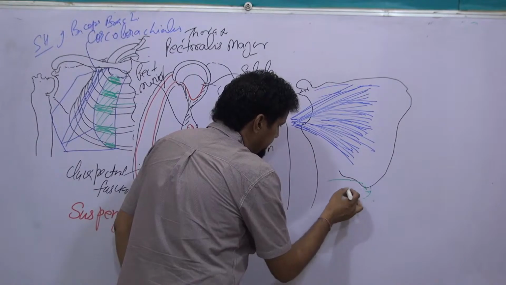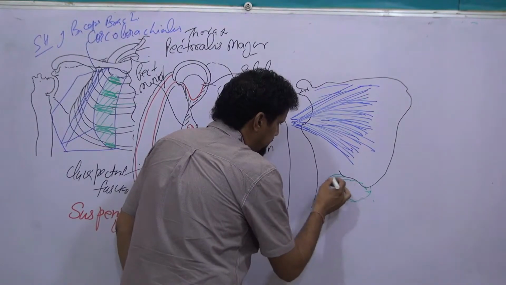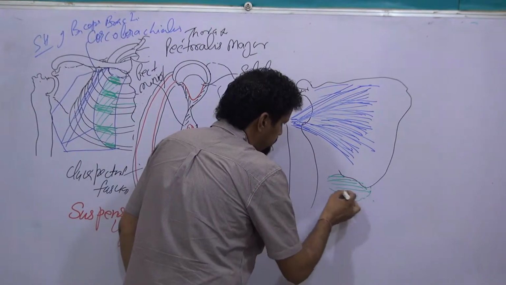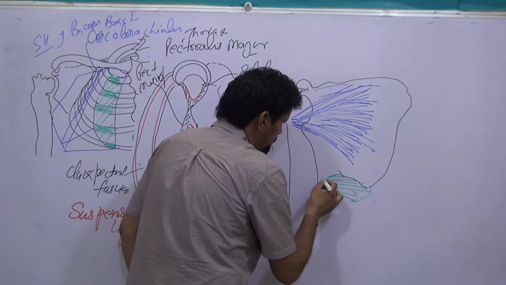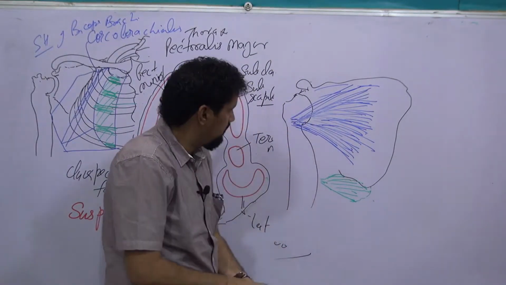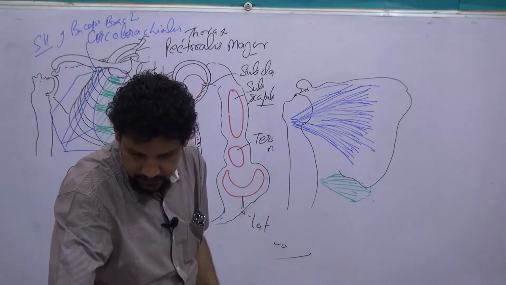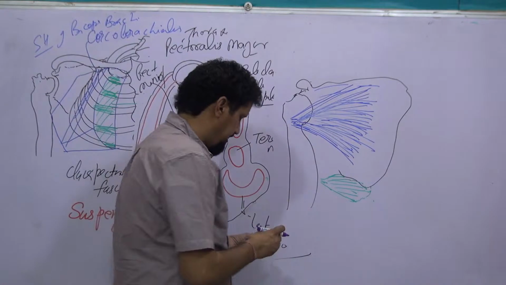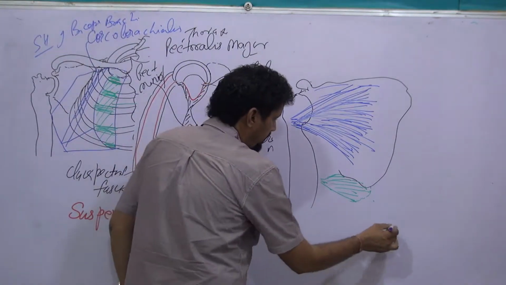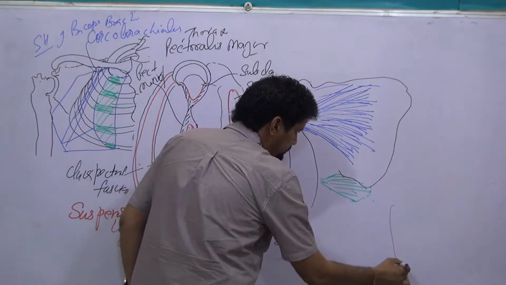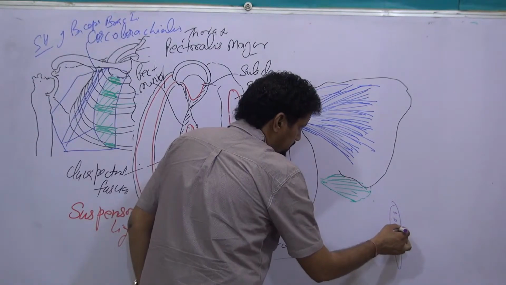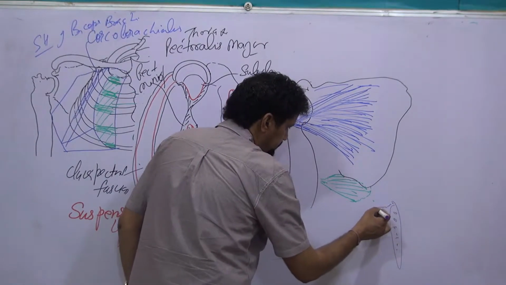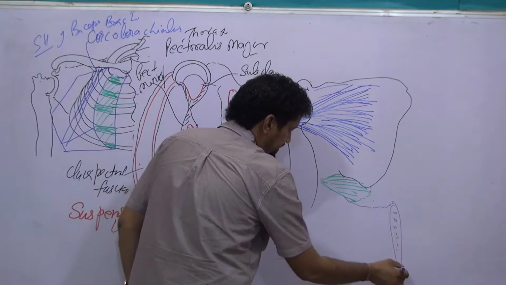The muscle is the teres major. And these are the fibers of a big muscle of the dorsum, the latissimus dorsi.